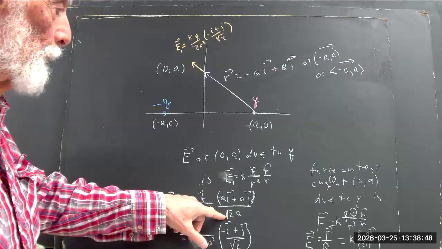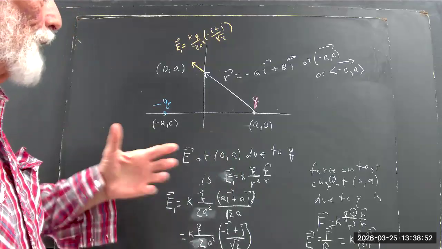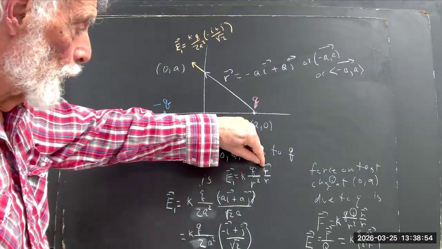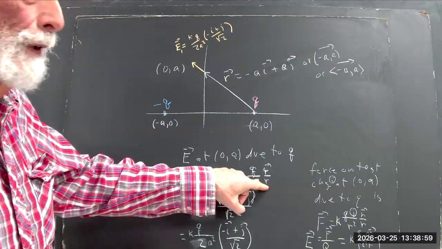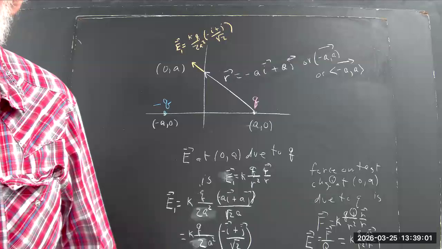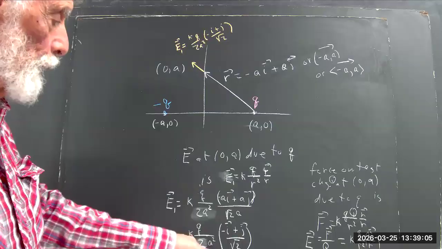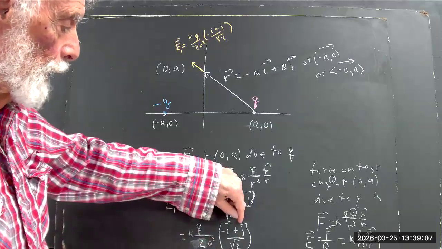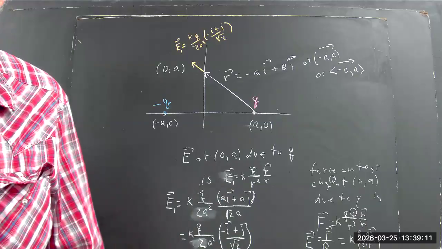And the square root of 2 here comes because negative ai plus aj is not a unit vector. Your r is not a unit vector. It's got magnitude equal to the square root of 2 a. So if I divide by the square root of 2 a, I get a unit vector, and it should be clear to you that negative i plus j over the square root of 2 is a very familiar form of a unit vector. Okay?